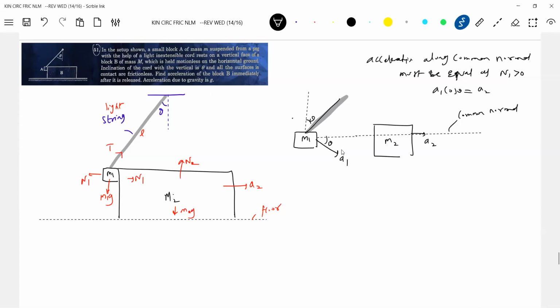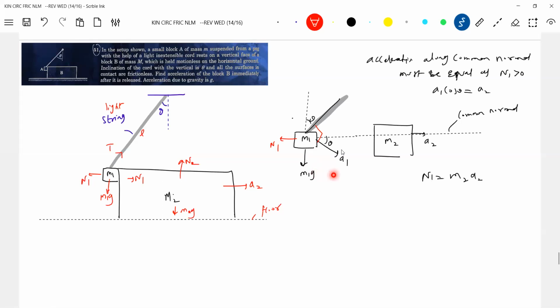Okay, let's write the equation. So we will make the block accelerate. N1 equal to M2 a2, whatever the motion of this, and this will be perpendicular. So here N1 will be acting in this direction. Okay, let's write the equation.